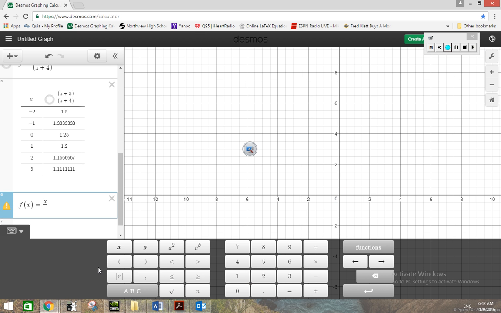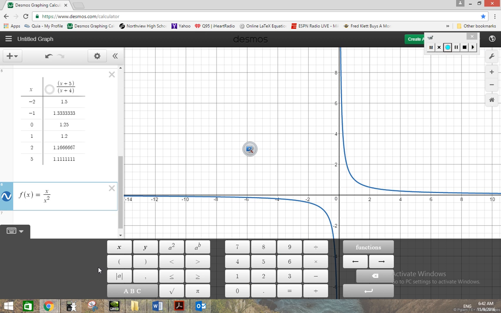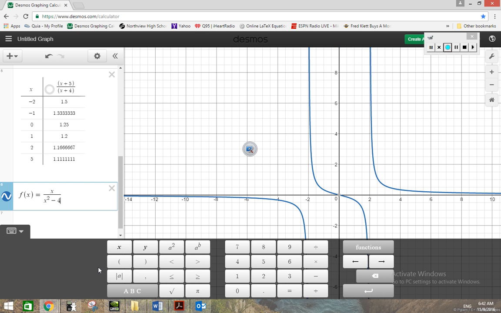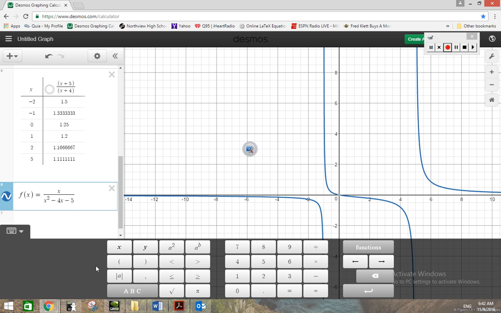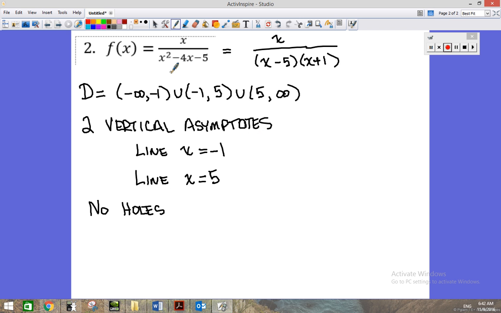Okay, what was that denominator? X squared, was it minus 4x minus 5? Let's go check because I don't remember. Minus 4x minus 5, that was lucky.